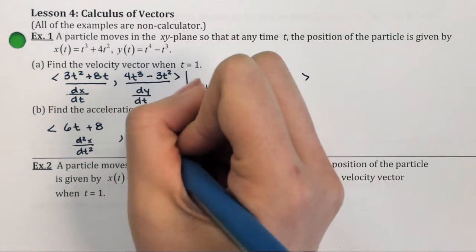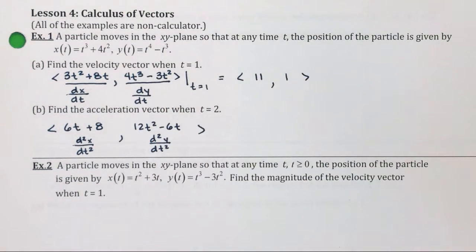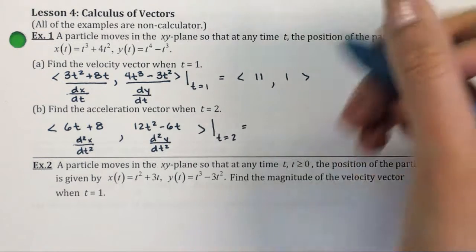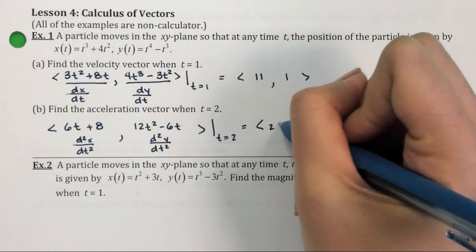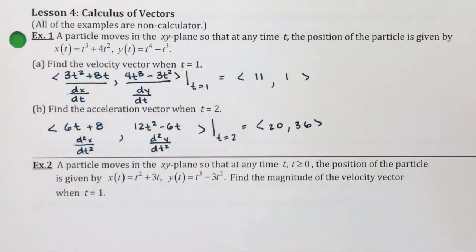And this one is 12t squared minus 6t. And if you want to find it at t equals 2, you just plug in 2, and you get (20, 36). Okay? Two separate components, super easy to find velocity vector and acceleration vector of these two, right?